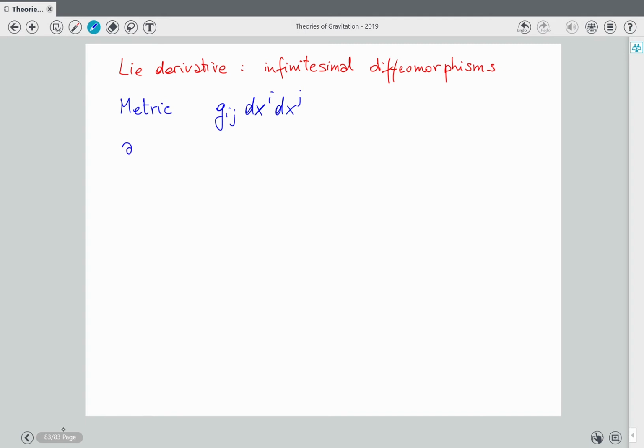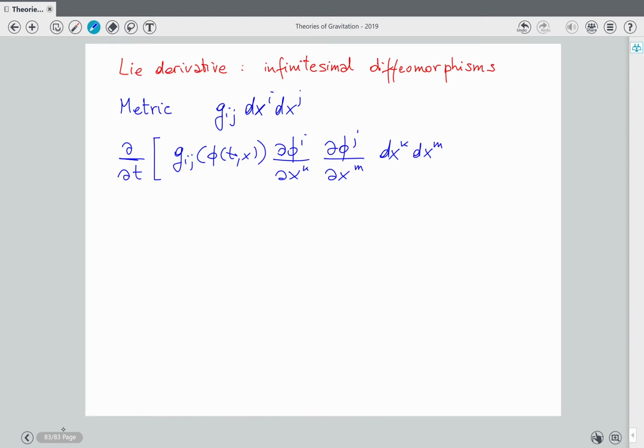So we have to compute the derivative of what? gij phi t x, the partial phi I partial xk partial phi j partial xm dxk dxm at t equals 0.